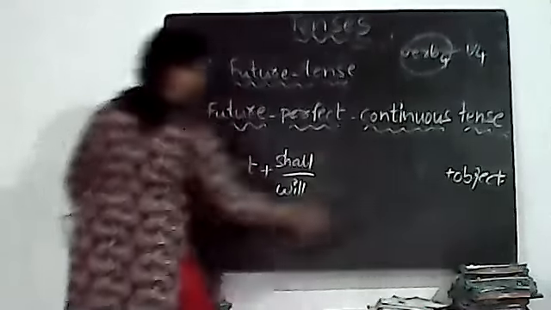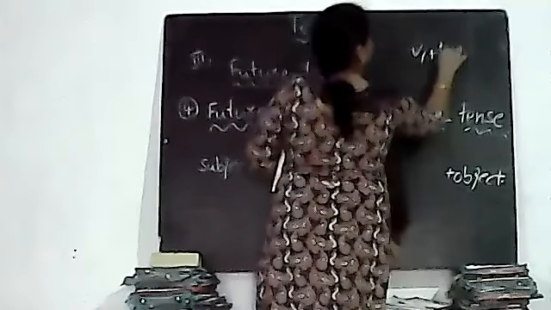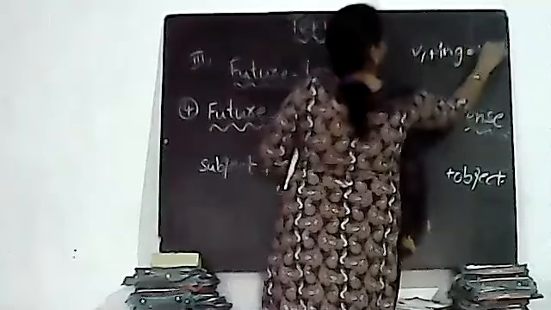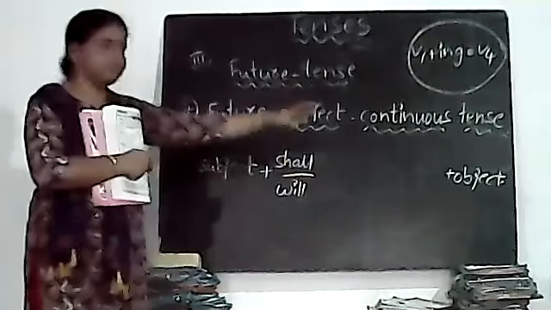Which verb is there? Once check it: future perfect, verb 1 ing. Verb 1 ing goes to which one? Verb 4. Again I write it: verb 1 ing is equal to verb 4. So before, I gave verb 1 ing goes to verb 4.